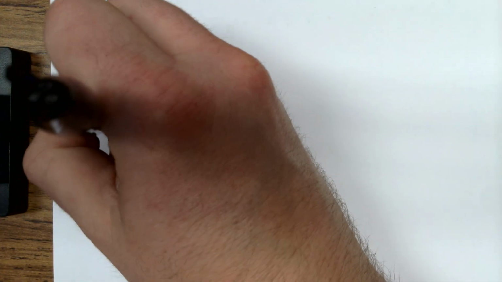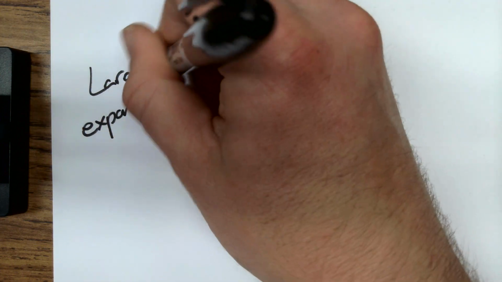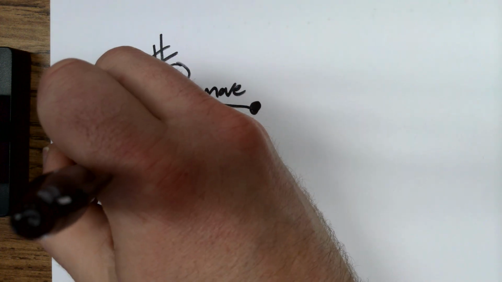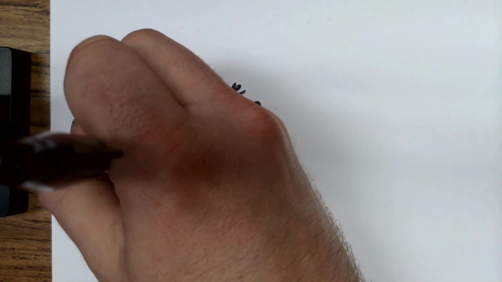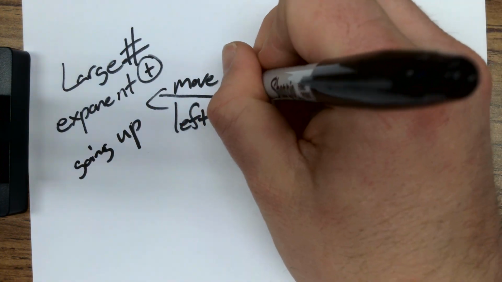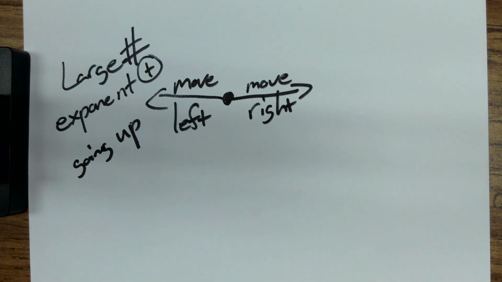That means that my exponent is going to be positive or negative? Positive. Exponent is going to be positive because it is going up. If I move my decimal to the right, am I dealing with a large number or a small number?